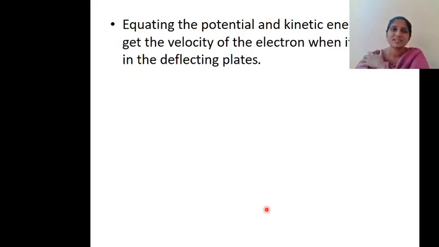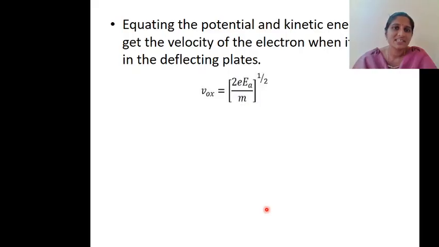Equating the loss in potential energy to the gain in kinetic energy, Vox is equal to the square root of 2eEa by m. You need to substitute this velocity at the end of the derivation, so mark it as equation 1.